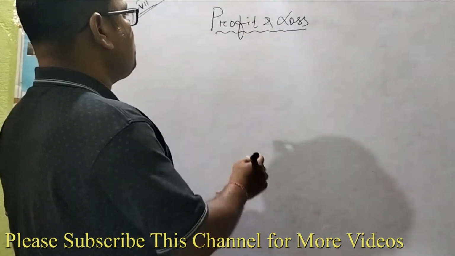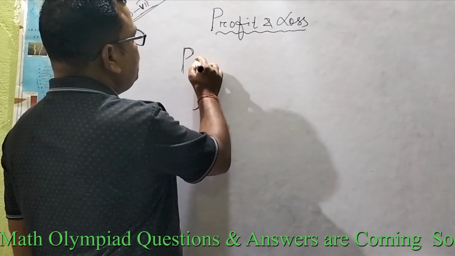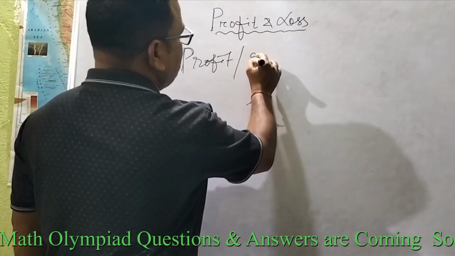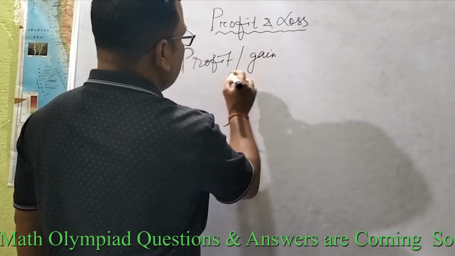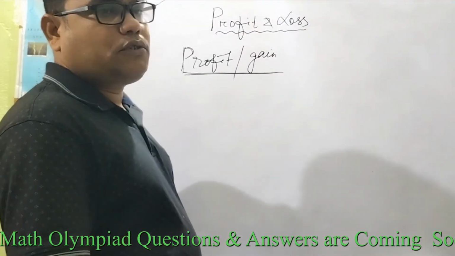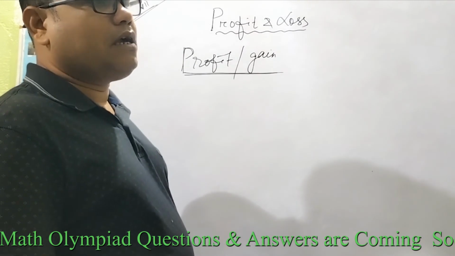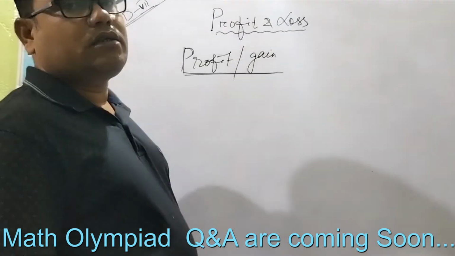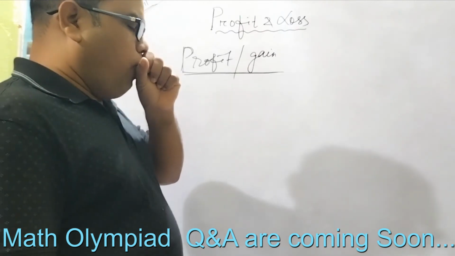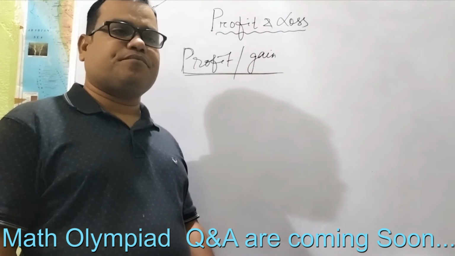What do you mean by profit? Profit, or you may say gain. What is gain or profit? Suppose a merchant buys something at a certain price. After buying, he has to sell that thing.